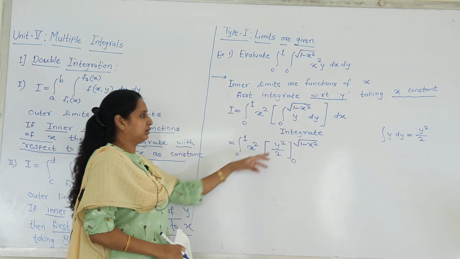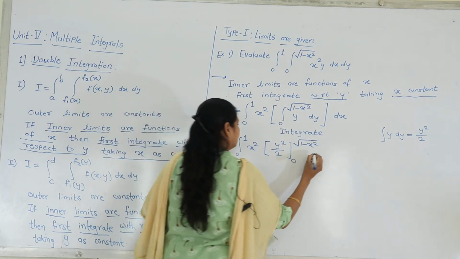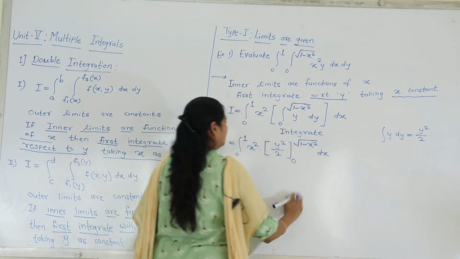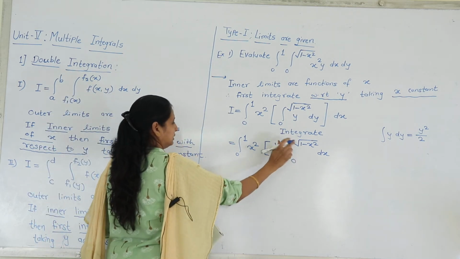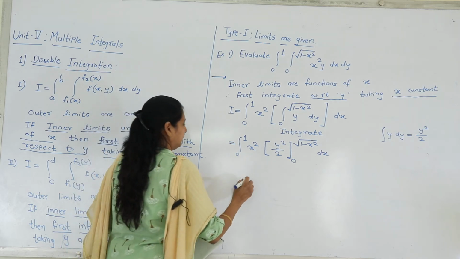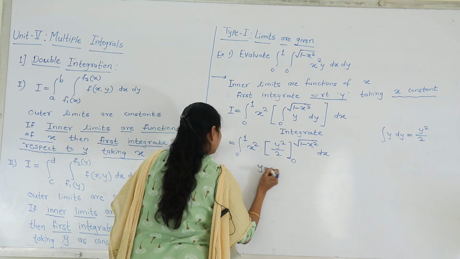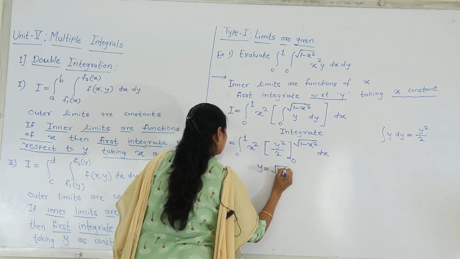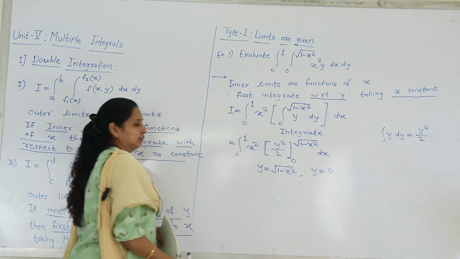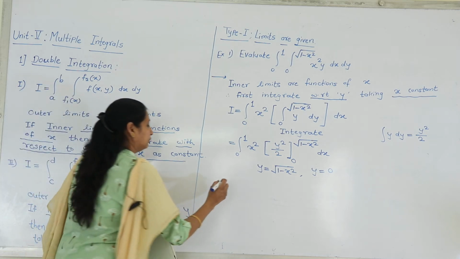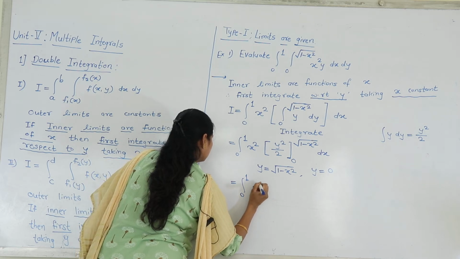So integration with respect to y is completed here, and dx as it is, because next we will integrate with respect to x. Now put here limits of y. Upper limit y is equal to under root of 1 minus x square, and lower limit is y equal to 0.